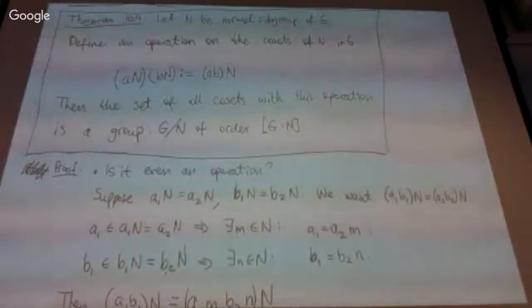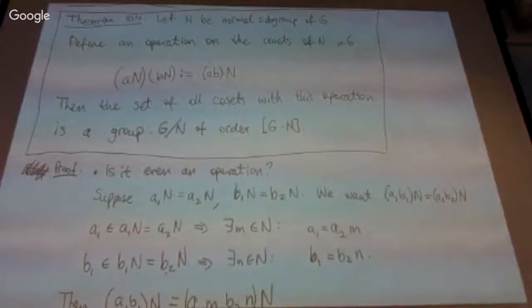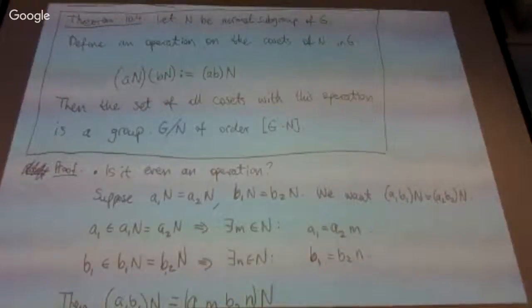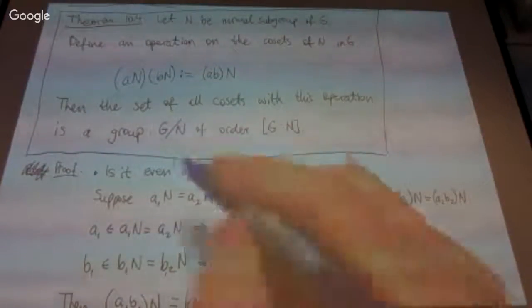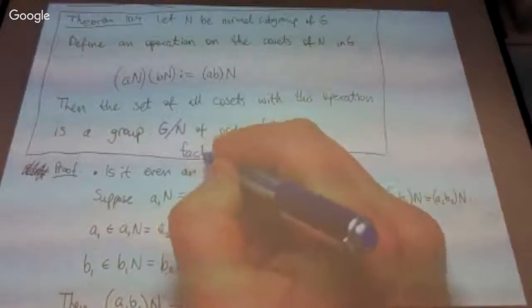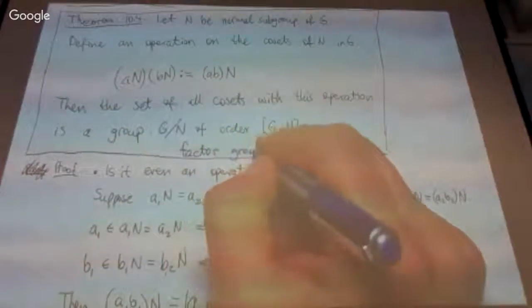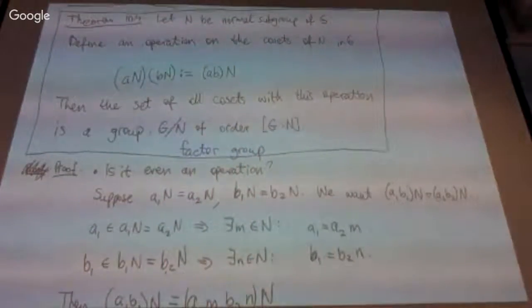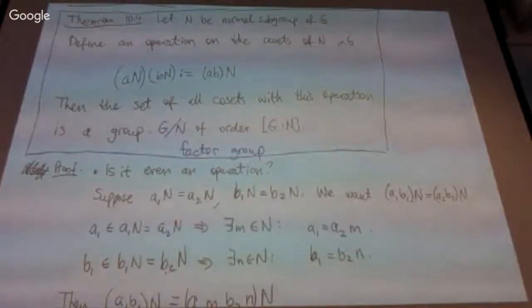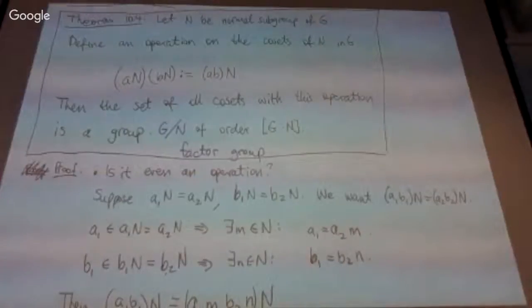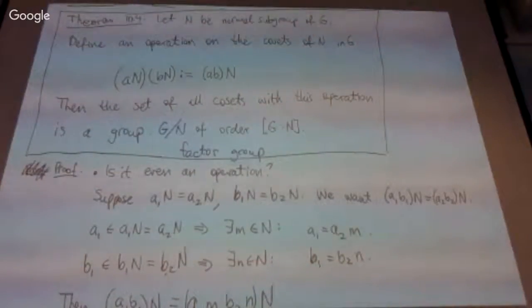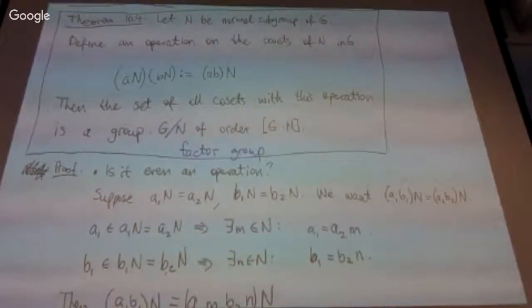Now, what we said is that if you have a normal subgroup, you can create a new group, which is called a factor group, G over N. The elements in this group are the cosets of the subgroup.